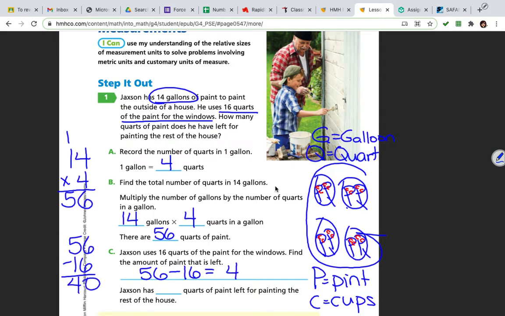So he's going to have 40 quarts left. Now we could convert that back, so if we divided it by 4, then he would have 10 gallons of paint left.